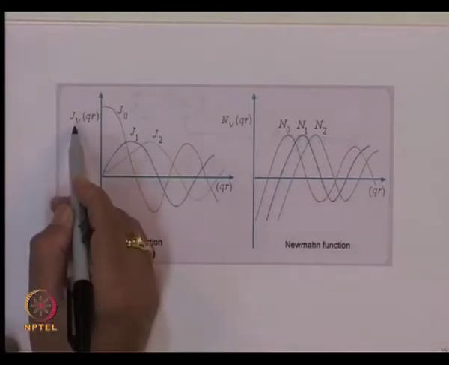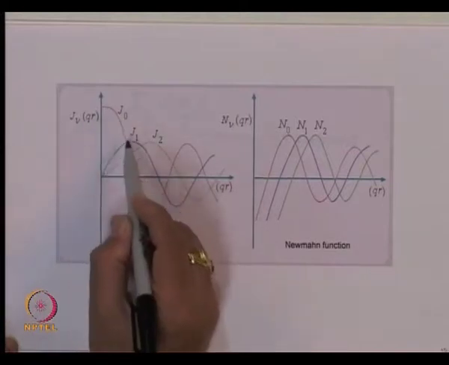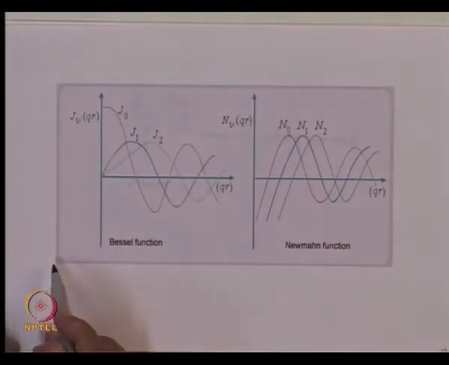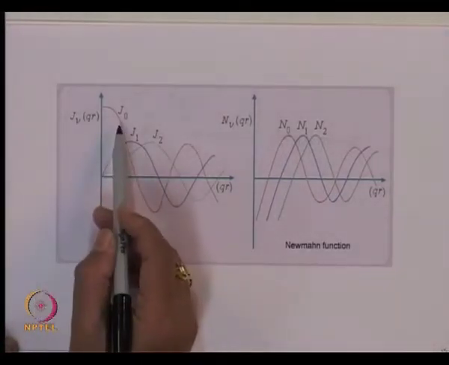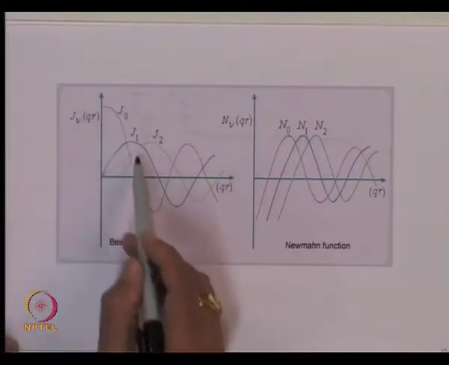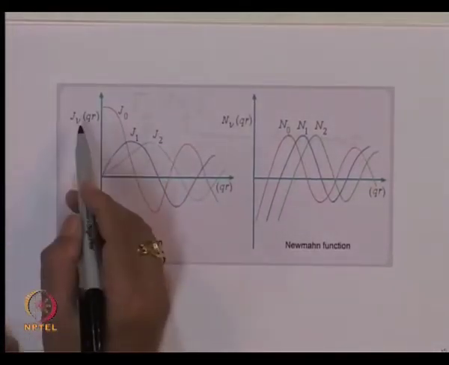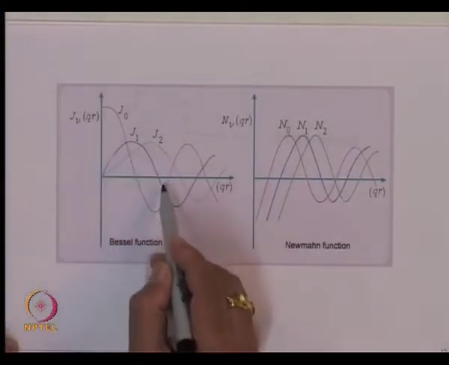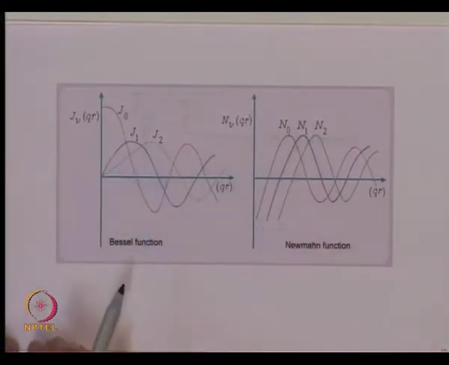For any given value of nu, if I vary the argument, I get a plot of the Bessel function of that order. If I put nu equal to 0, I get what is called the J0 Bessel function, which looks like that. If I put nu equal to 1 and vary the argument qr, I get this J1 Bessel function. Then I get the J2 Bessel function, and so on.